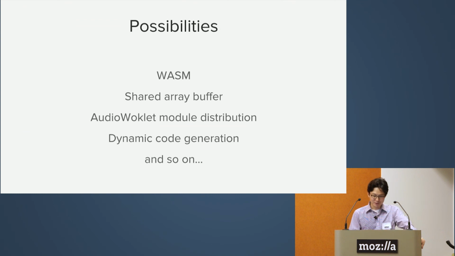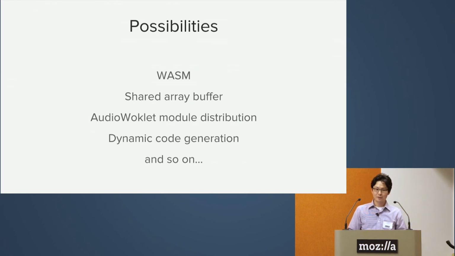Also interesting is that we now have quite capable extensibility through the AudioWorklet node and AudioWorklet processor. You can package your own setup and custom audio code with a node module or other package framework, then distribute it and share it with other people really easily. And dynamic code generation: I didn't think this was interesting enough, but a lot of folks in the WebAudio Slack channel came up with this idea.